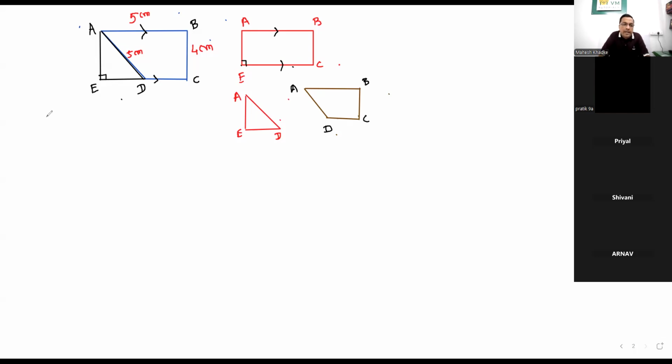First we have to prove it is a rectangle. So just write AB parallel to EC. This one is given. Arrow marks are given, means that is parallel line. Again, angle E is equal to 90 degree, also given.